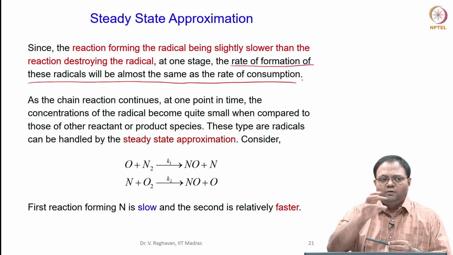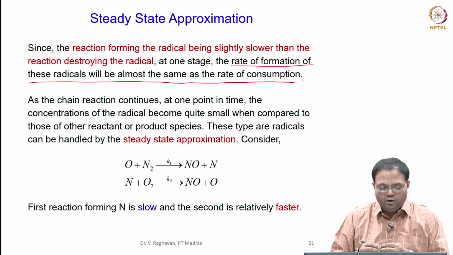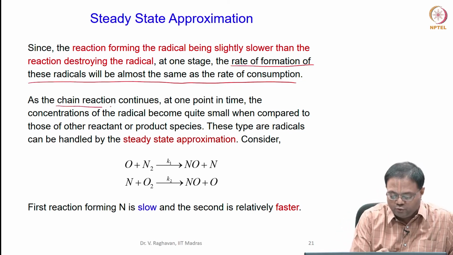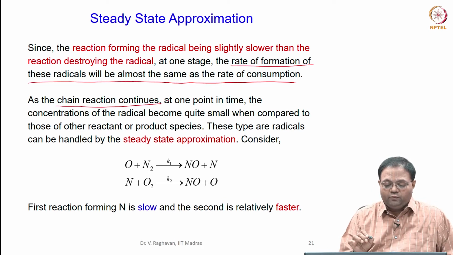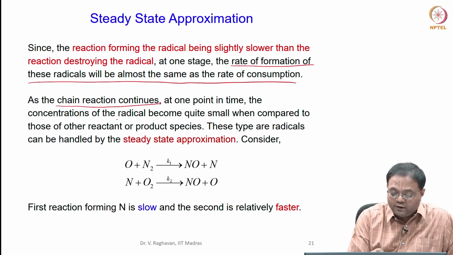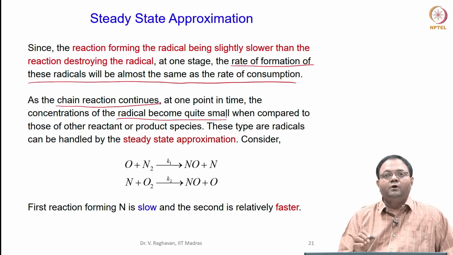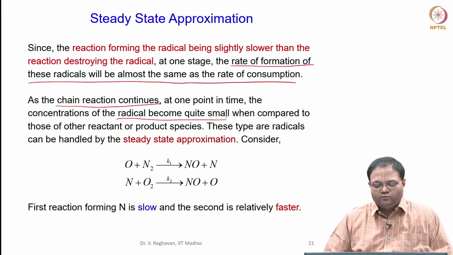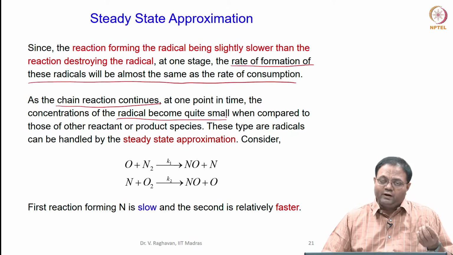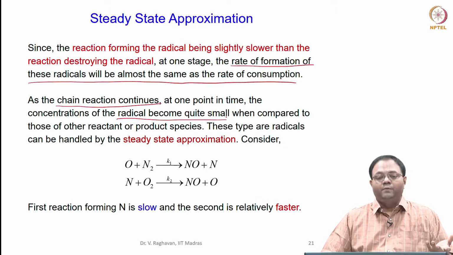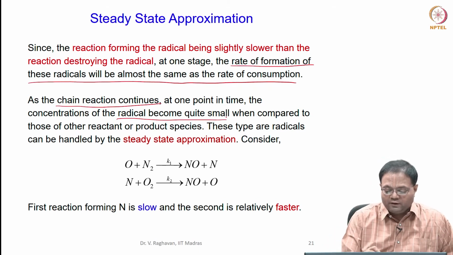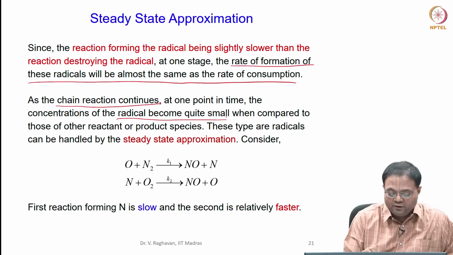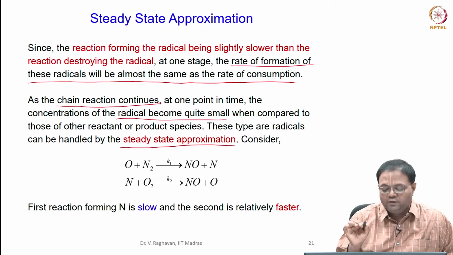As the chain reaction continues, at one point the concentration of the radical becomes very small, because they are produced and consumed at a very fast rate. The radical concentrations become very small compared to the major reactant and product species. Under such conditions these radicals are handled with steady state approximation.